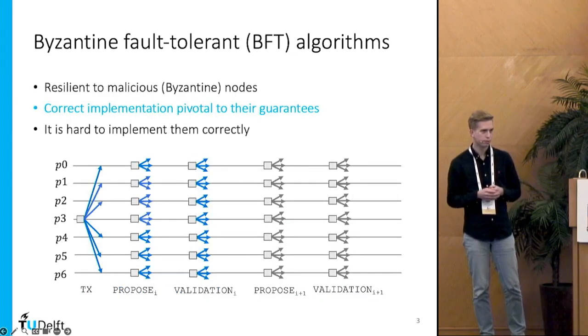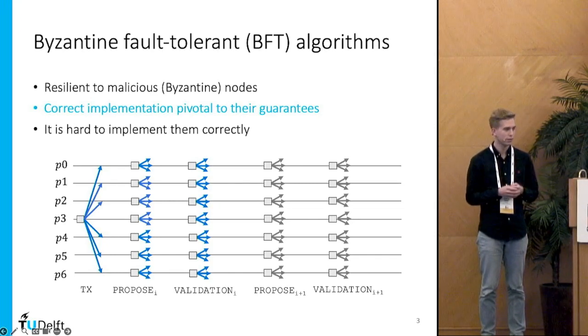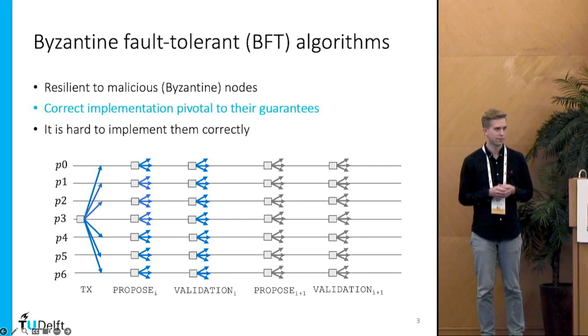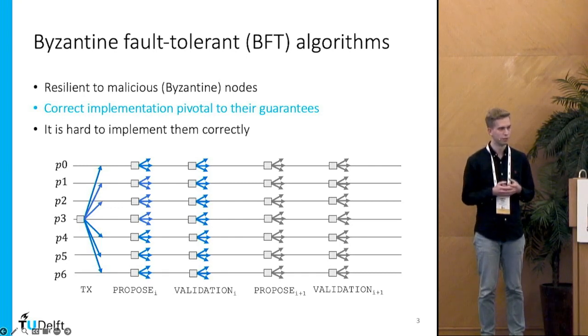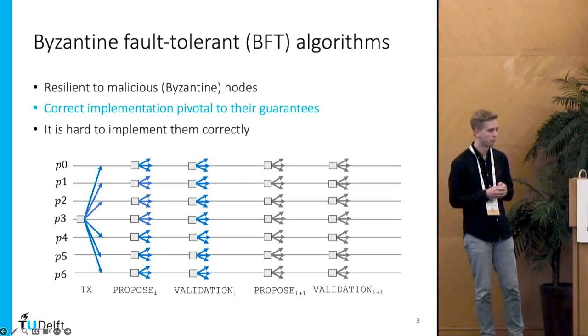Unlike crash fault-tolerant consensus algorithms, so for example Paxos or Raft, Byzantine fault-tolerant consensus algorithms are resilient to malicious, also called Byzantine nodes. To better understand what that means, let's have a look at an example.